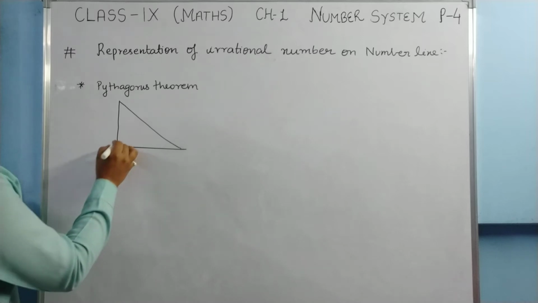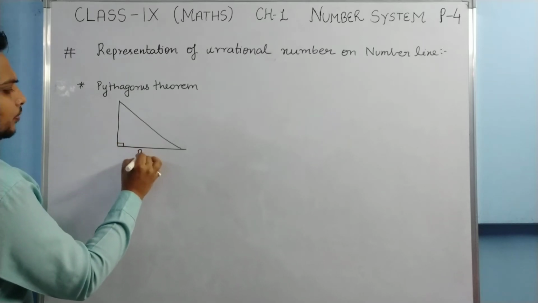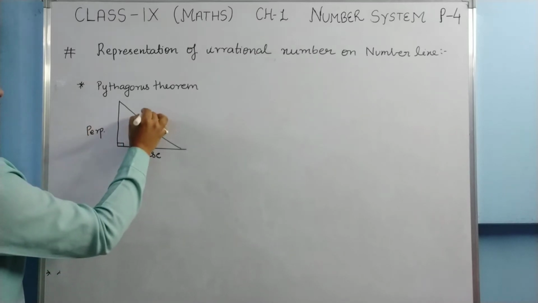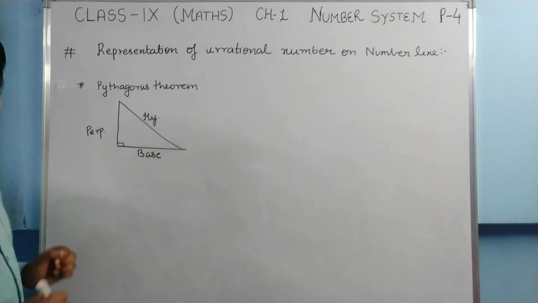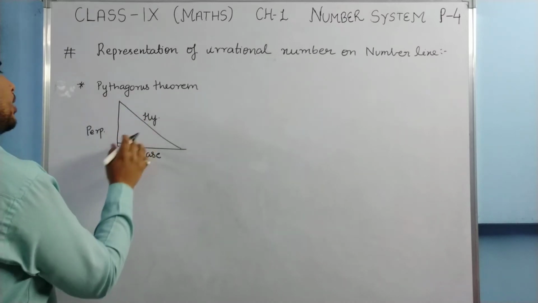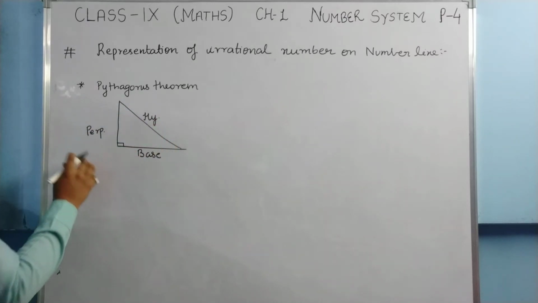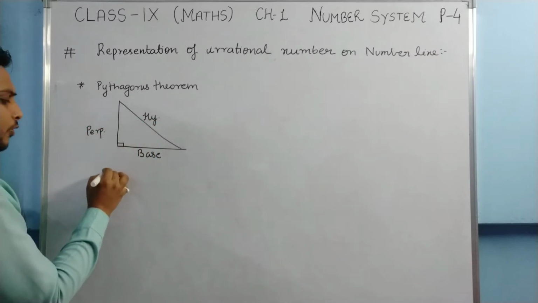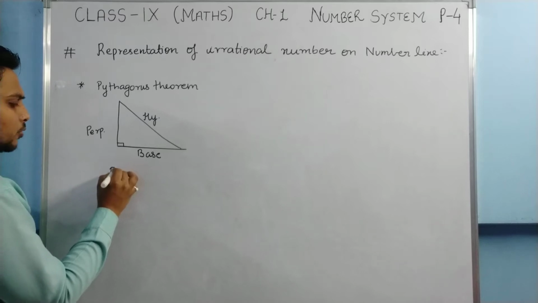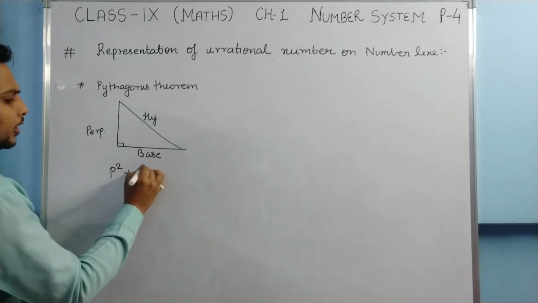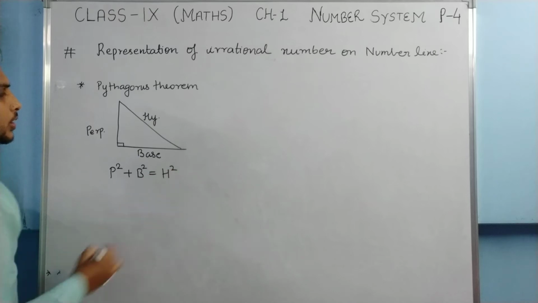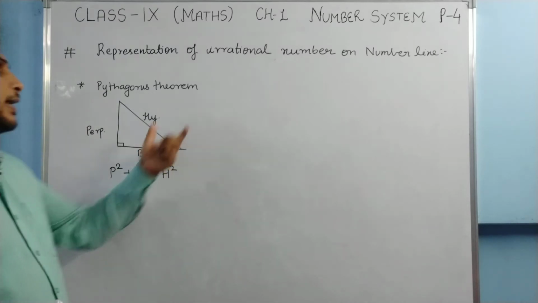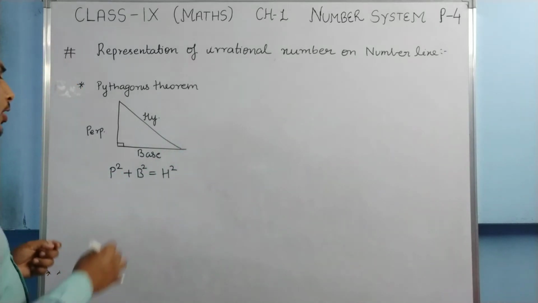We know that in a right angle triangle, with base, perpendicular and hypotenuse, the relation among these three sides is that perpendicular square plus base square is equal to hypotenuse square. So to represent any irrational number on the number line, we will use this theorem.